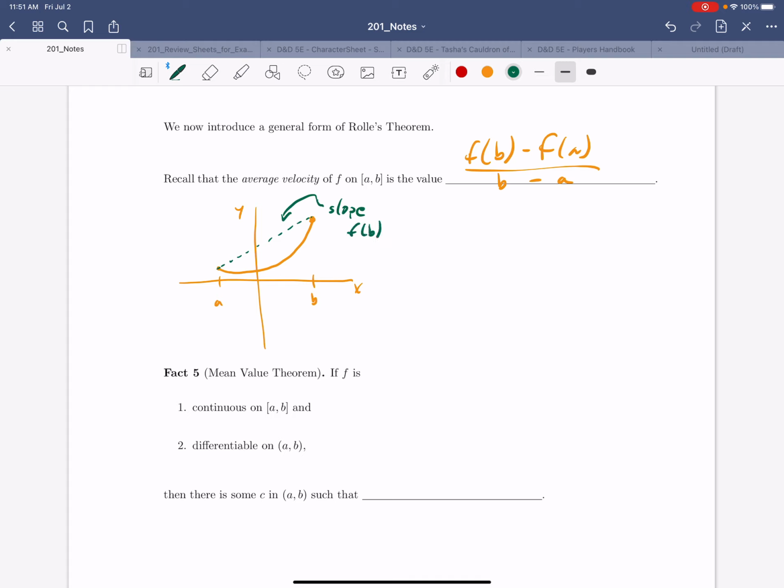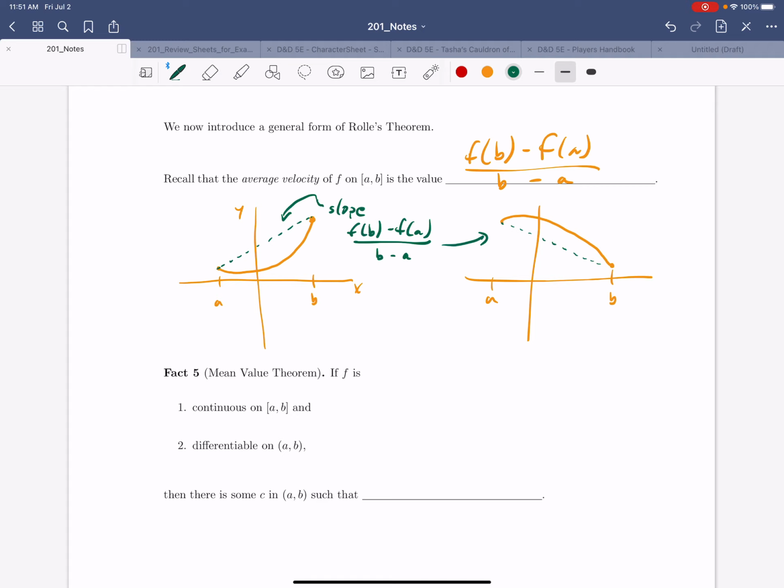Right? The rise, f of b minus f of a, over the run, b minus a. Here's another example, same sort of thing, but maybe we're going down. Maybe we have a negative slope, like that. Again, the secant line is the slope of that line.